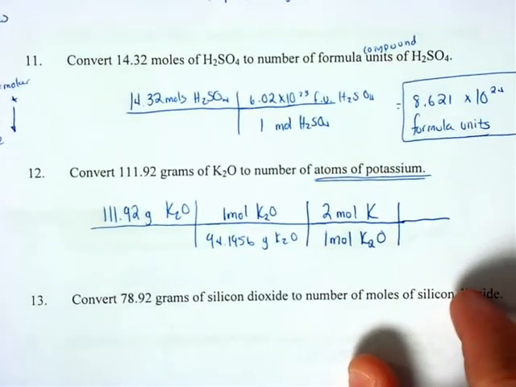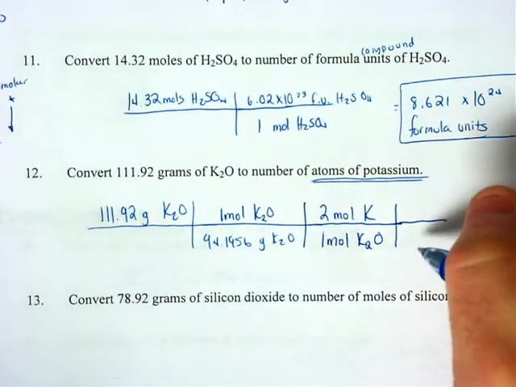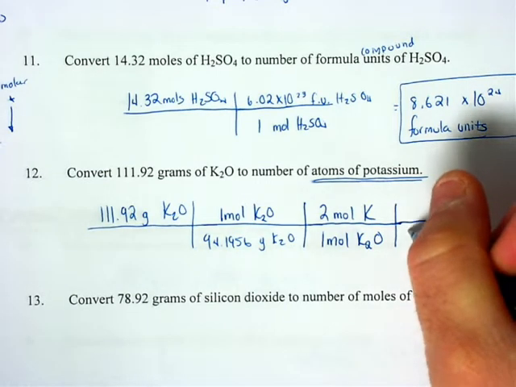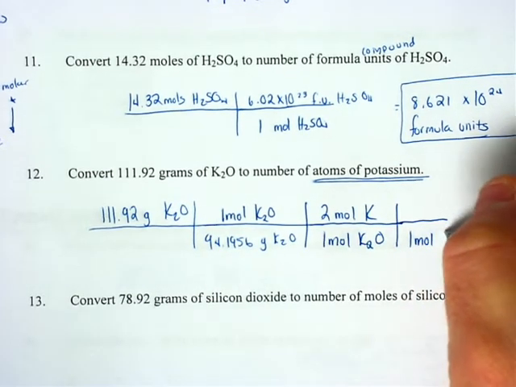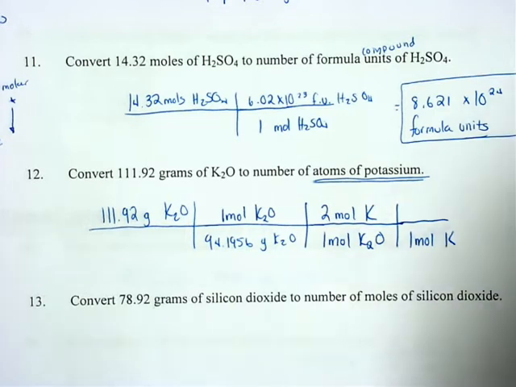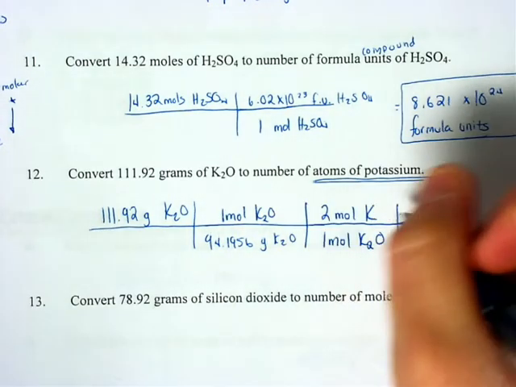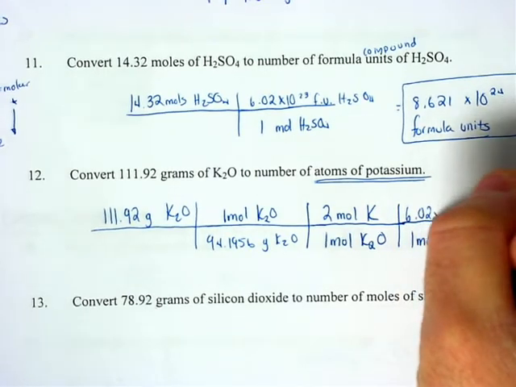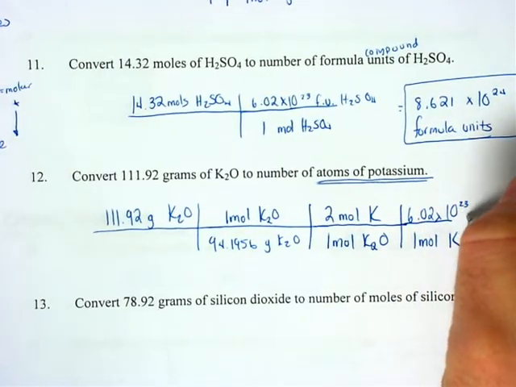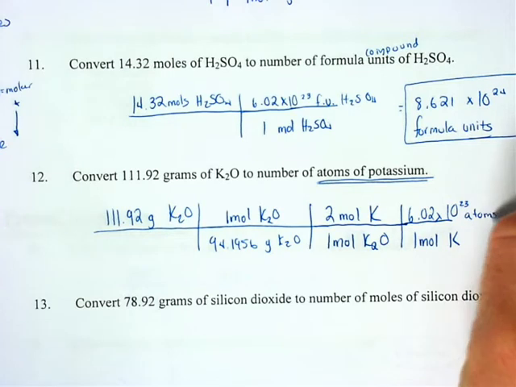Am I done? What's going to go on bottom? Just K? Because we only got K right now, right? And then on top of that comes 6.02 times 10 to the 23rd atoms of K.